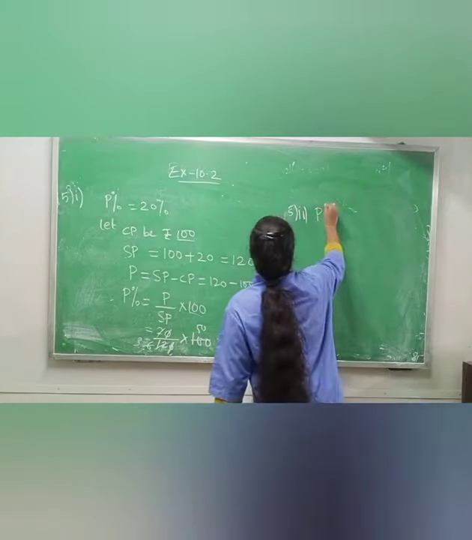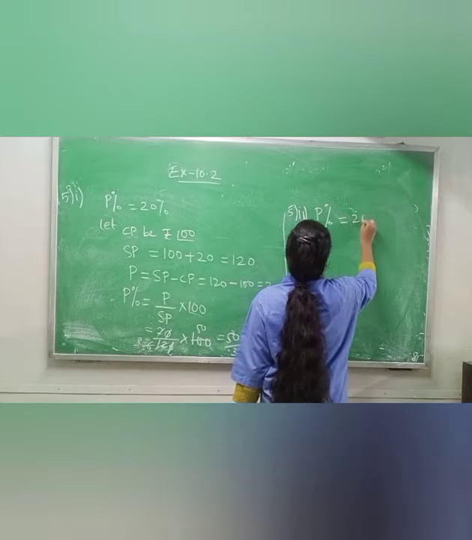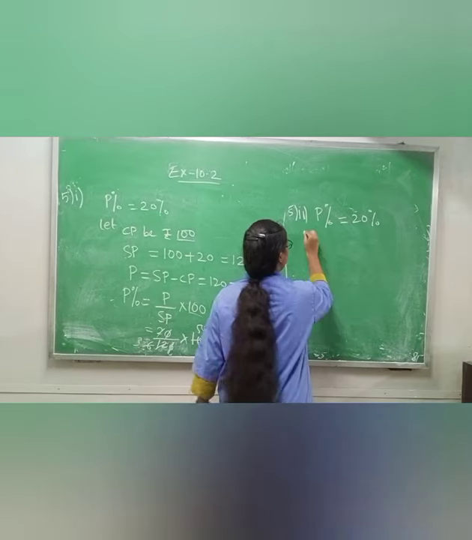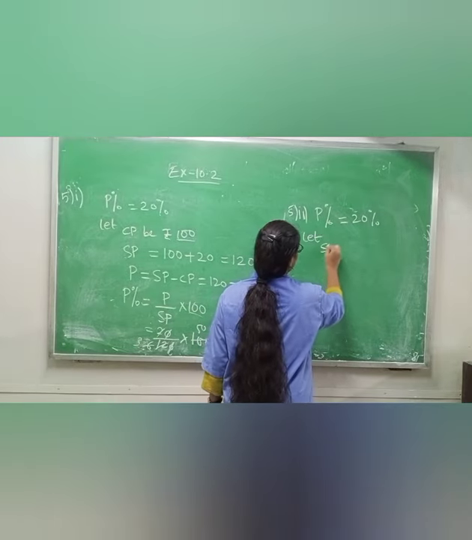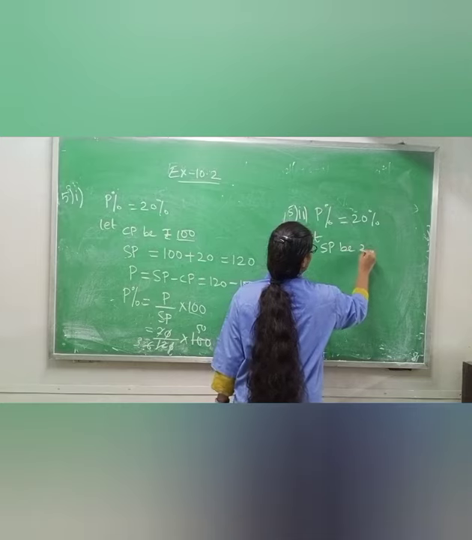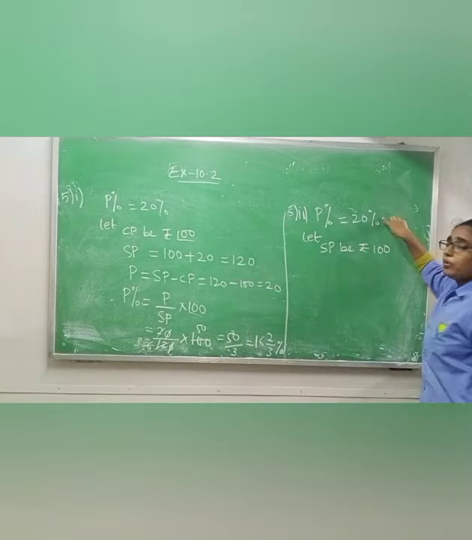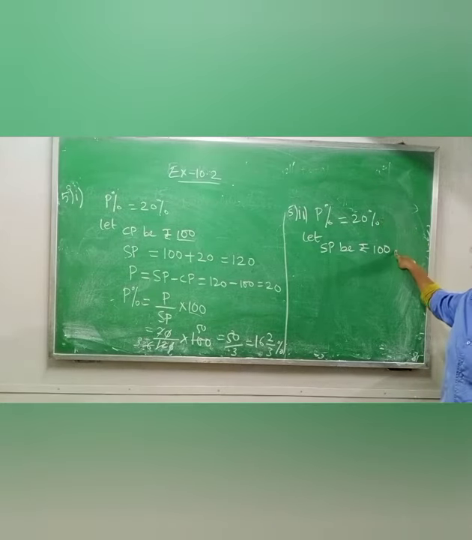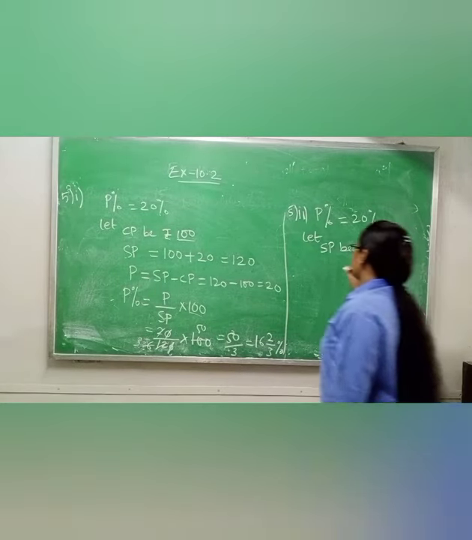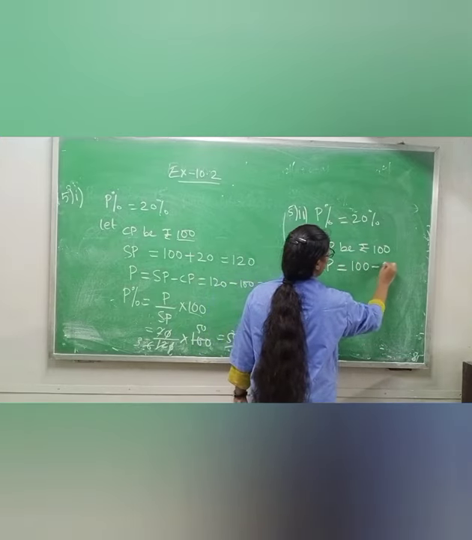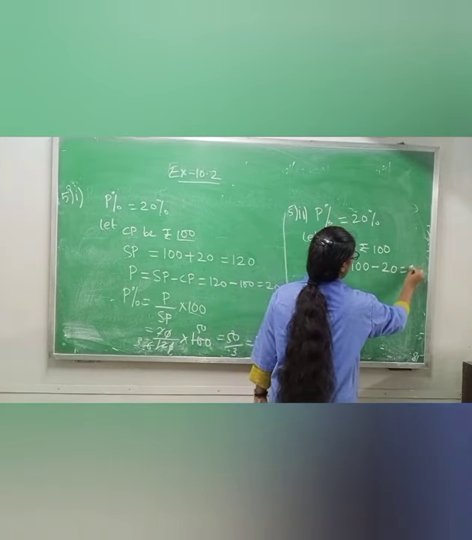So profit percentage is given as how much? 20%. Because they are saying profit percentage on selling price, that is why I am taking let selling price be rupees 100. Now when there is a profit, it means selling price would be greater than cost price. So what will be the cost price? Cost price equals 100 minus 20 equals rupees 80.